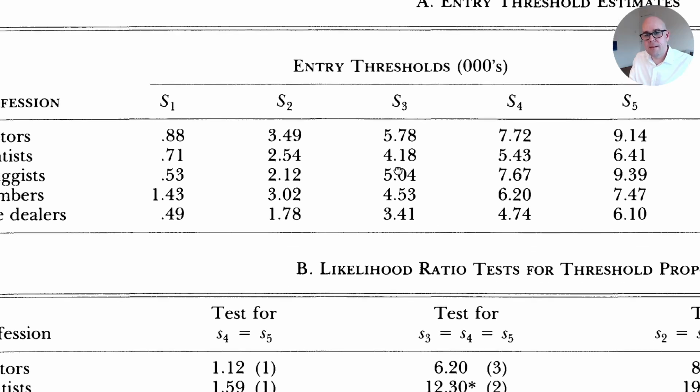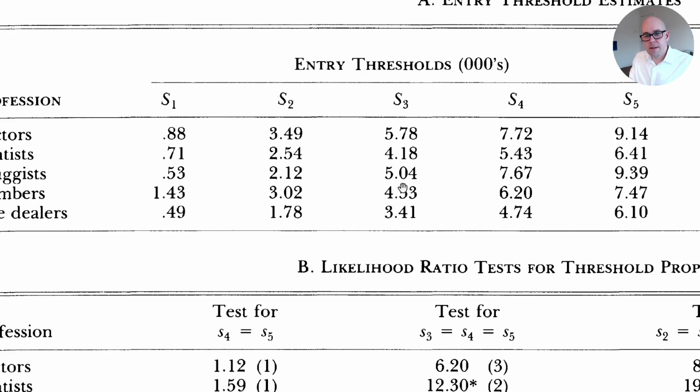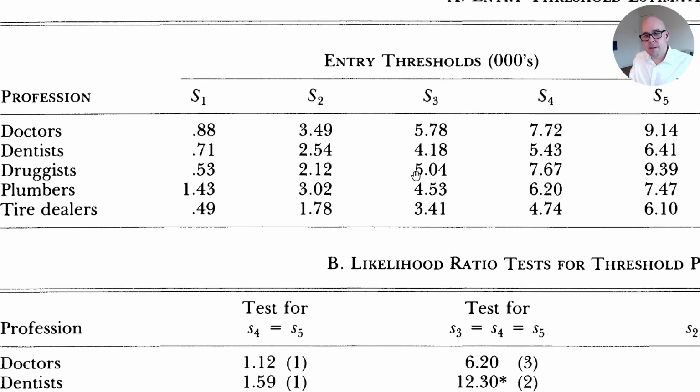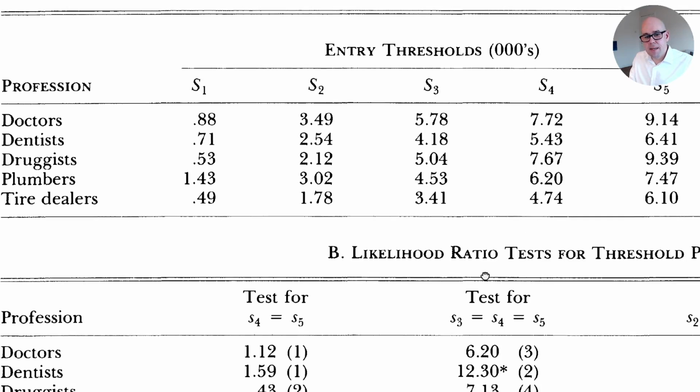Okay, and you see this also a little bit already, for instance here for druggists. So for 3 I have like 5.04, and here I have 7.67, and here I have 9.39. Okay, so there is a certain proportionality going on already here. Same for plumbers and tire dealers.